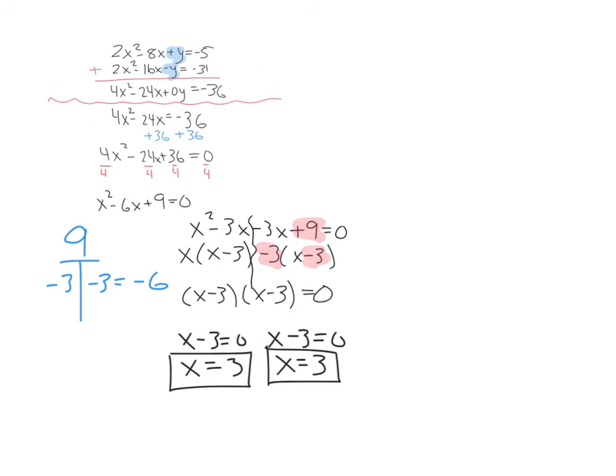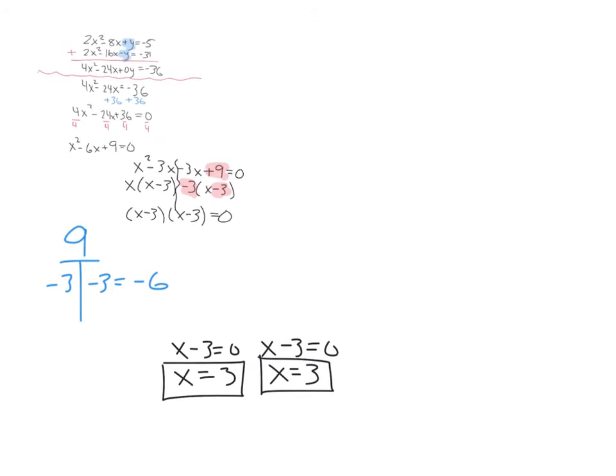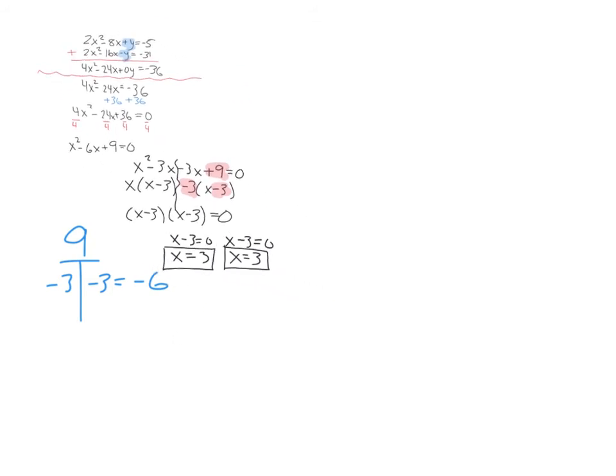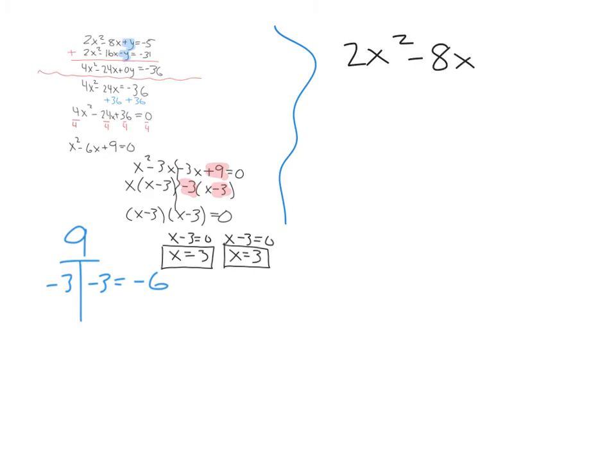Now, x equals 3 is important, but what I need to then do is find an ordered pair. That's the whole goal. And the way you find that ordered pair is you plug this back into the original equation to find the y value, okay? So over here, I'm going to utilize one of the equations from the originals that I had, which was, let's use the top one, 2x squared minus 8x plus y is equal to negative 5.